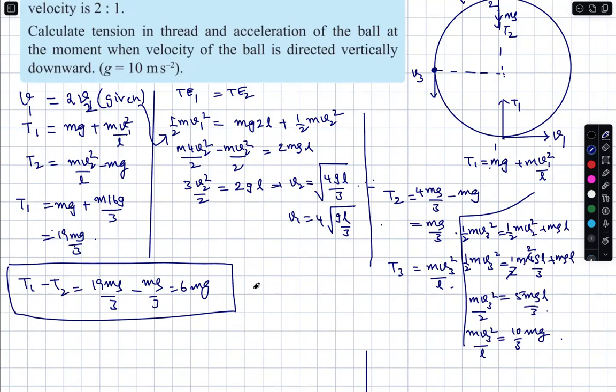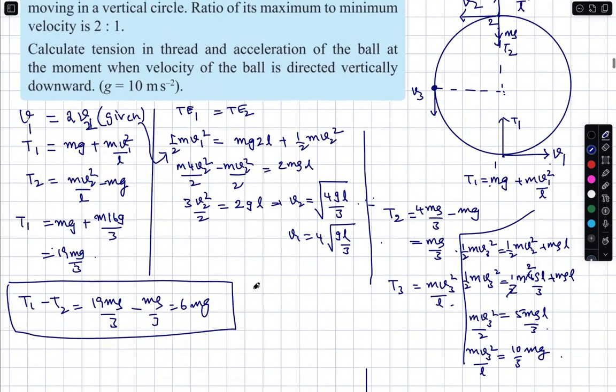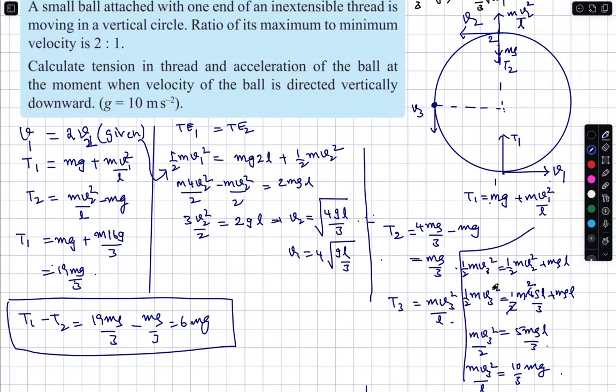Wrong. You are conserving total energy at two different points. You should say total energy at point 3 is equal to total energy at point 2.